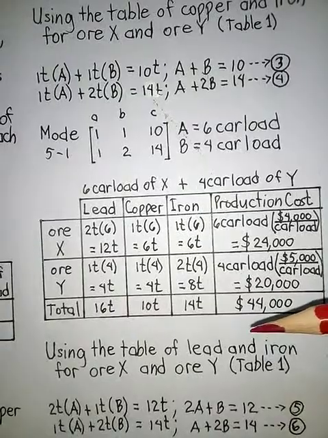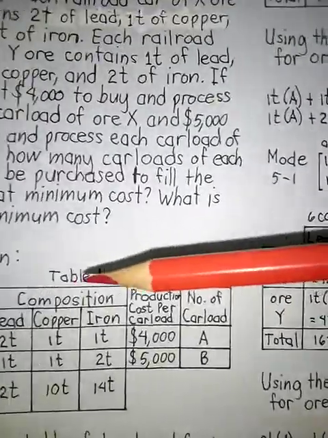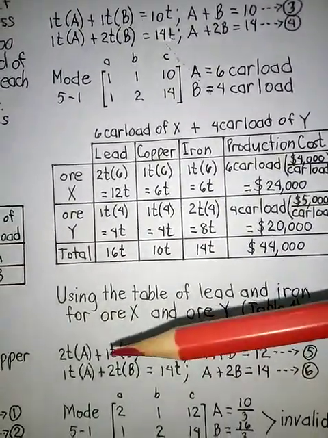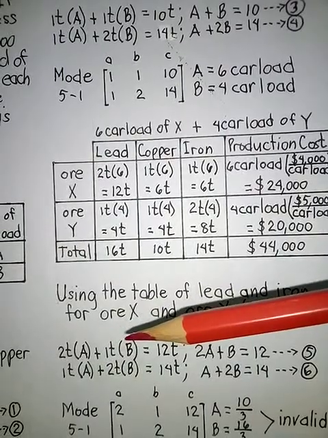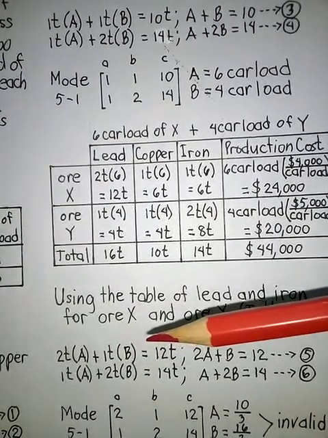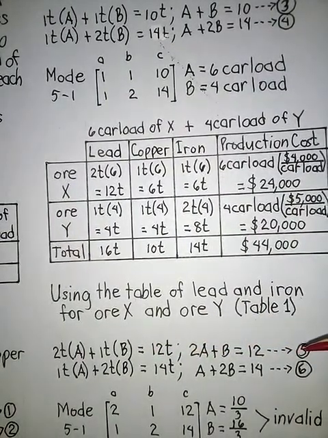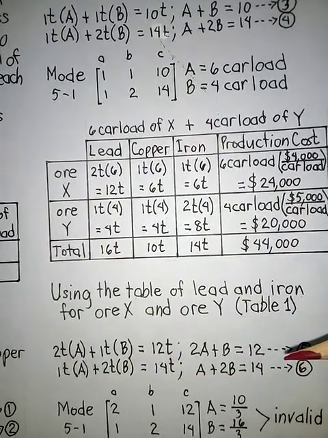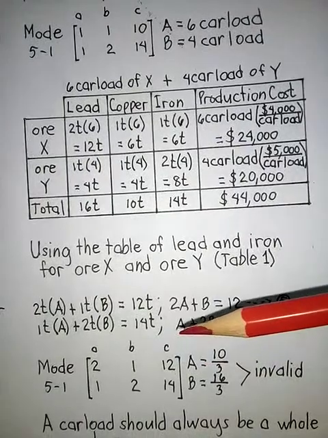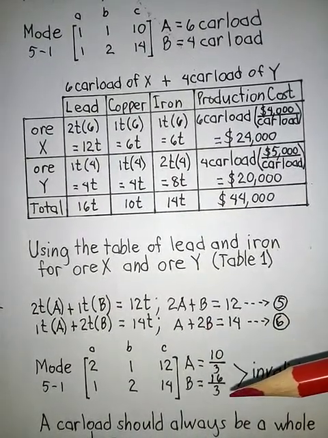And using our table for lead and iron, the third one is for lead and iron. So 2T multiplied by A, or the number of carloads to be purchased, and then 1T multiplied by B. So this is for ore X, and the same with this for ore Y. So using mode 5.1 of our calculator, we will get A to be 10/3 and B 16/3.